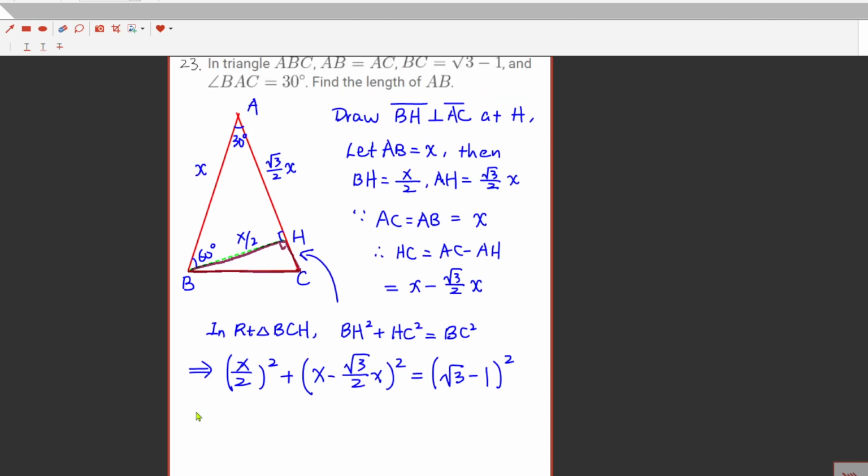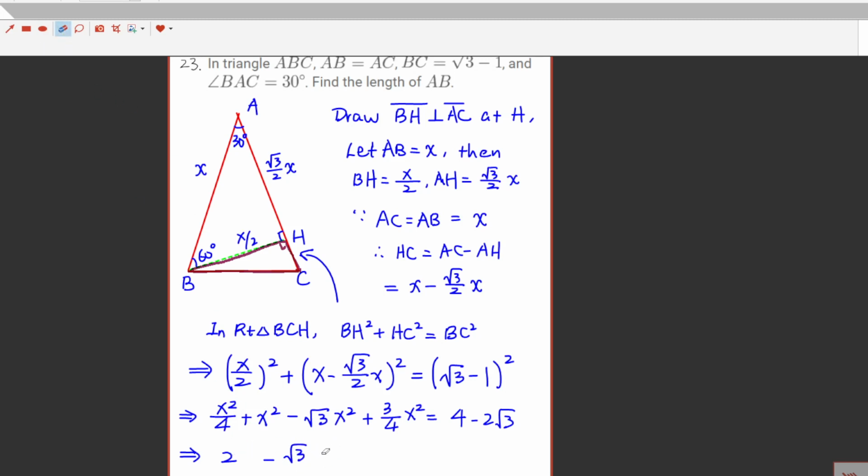You need to expand both sides. Okay, x squared plus 2ab, which is negative square root 3 x squared, right? And plus 3 over 4 x squared. Sorry, this should be negative. Equals the right side. Right side should be 4 minus 2 square root 3, right? And this gives us 2x squared minus square root 3 x squared.